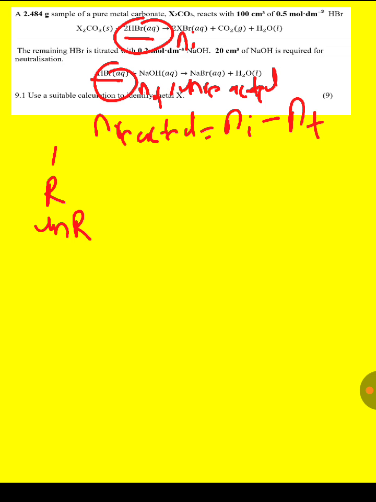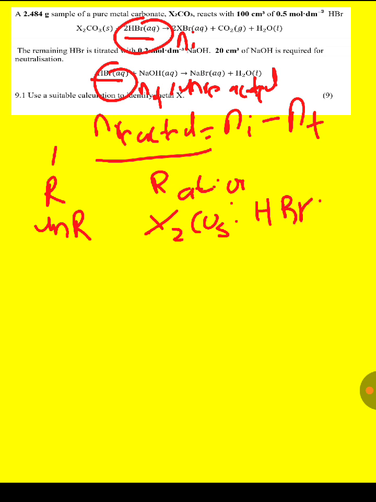After getting the reacted number of moles, you're going to do a ratio, in this case the ratio of the metal carbonate to HBr, which is our repeating substance, or the excess reactant.